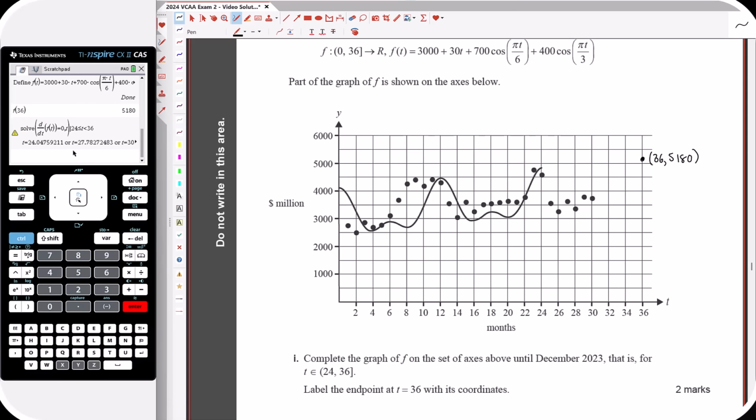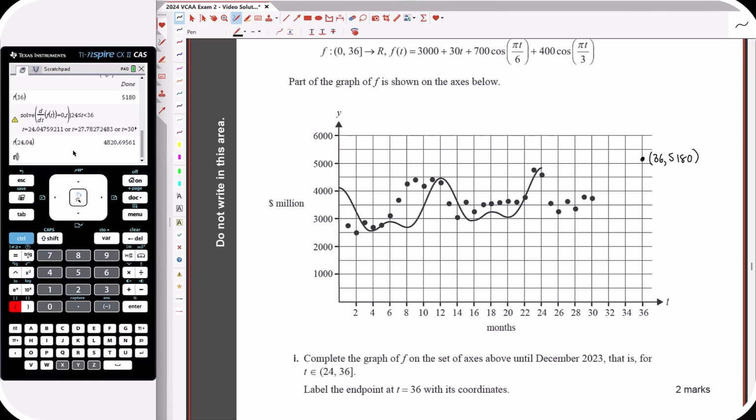So we get 24.04. So let's work out f of 24.04. So that's 4,820. So about 4,800. Okay, sorry, we knew that. That's where it's going to join onto the graph.